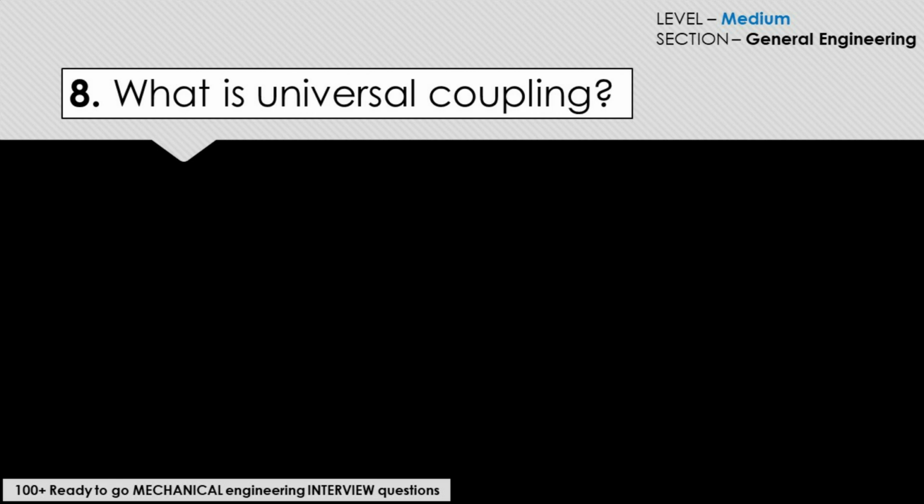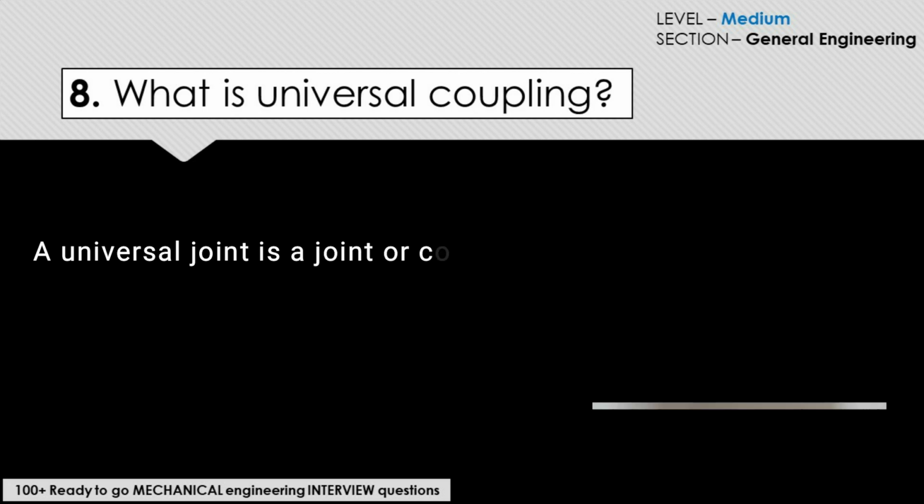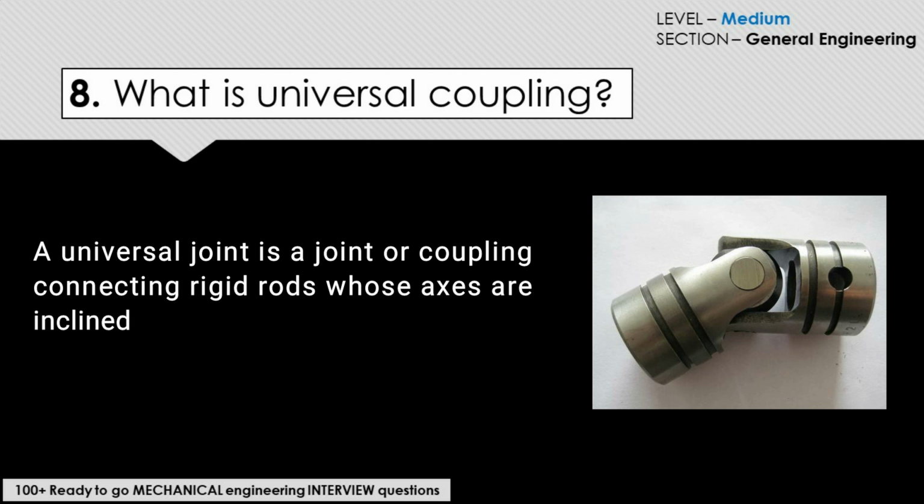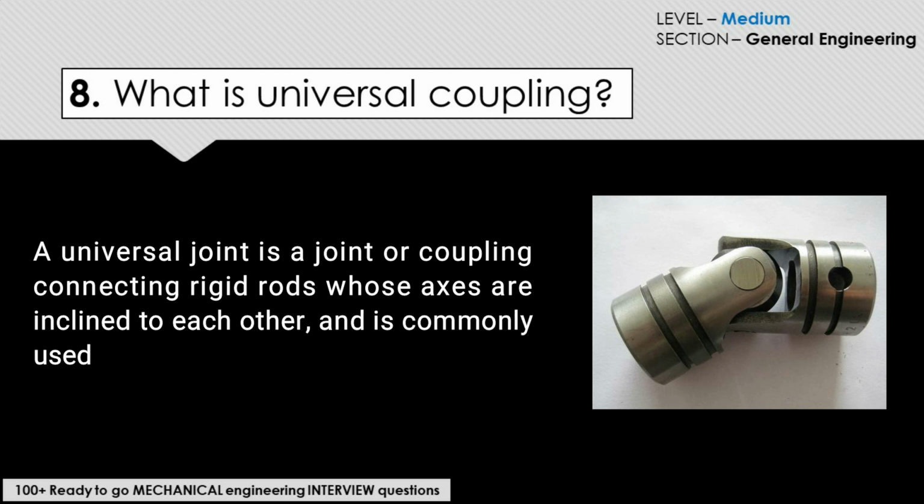What is a universal coupling? A universal joint is a joint or coupling connecting rigid rods whose axes are inclined to each other and is commonly used in shafts that transmit a rotary motion.